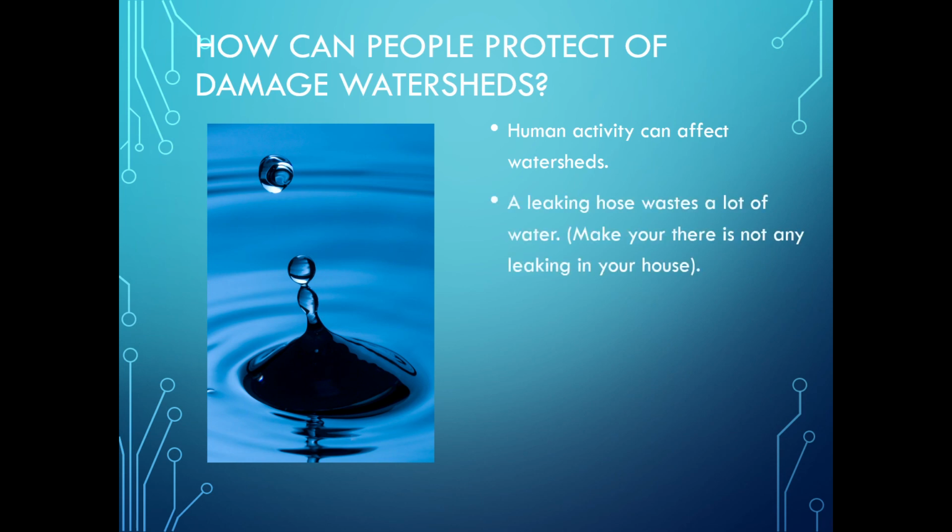So, we're going to talk about damage at first, damage that humans can cause to the watersheds, and then how we can prevent it. So, a leaking hose wastes a lot of water. A hose is basically an artifact that you use to water the plants or to wash your car.